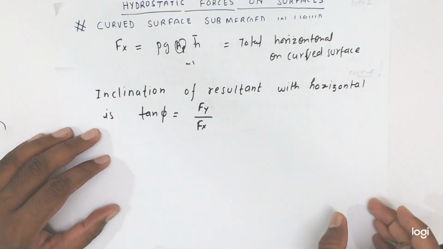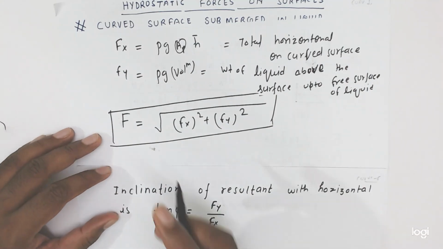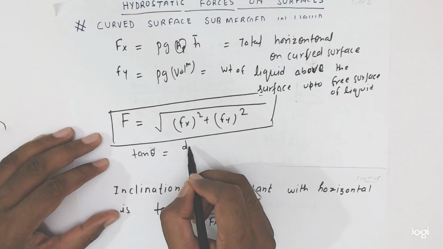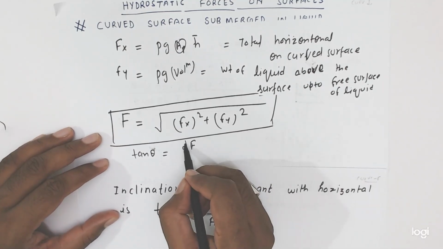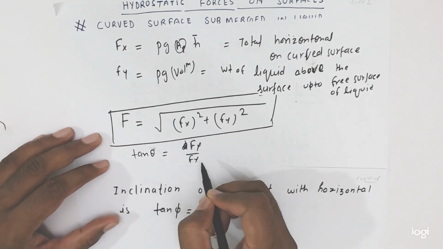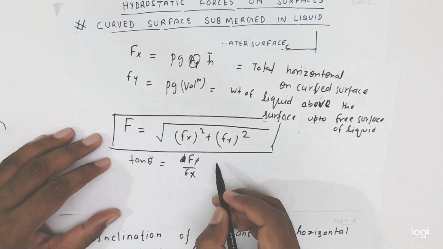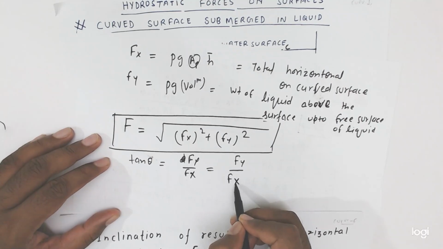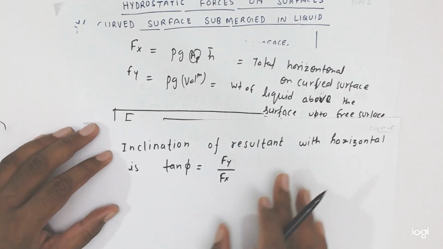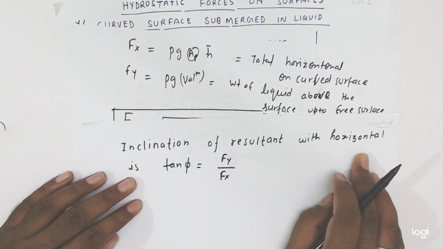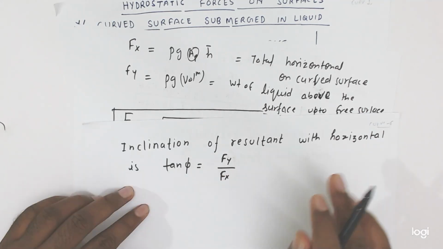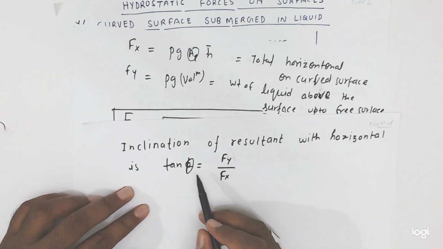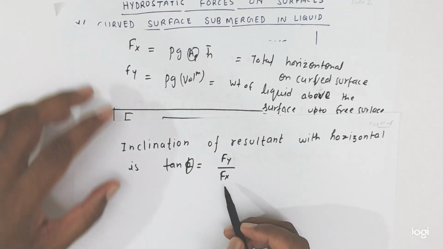We can find this tan phi, or we can say tan theta. Tan theta is equal to Fy by Fx, it will give the inclination of resultant force with the horizontal.